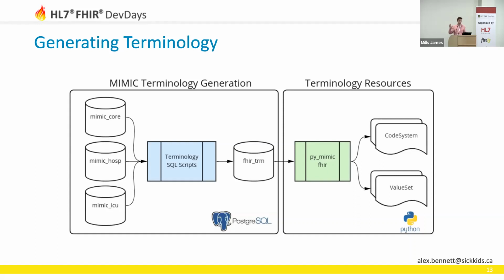We created a support Python package, PyMimicFire, that would output these terminology systems, because it's really just converting a CSV into code systems. So capturing 20 odd code systems and pumping them out to the other side where we've got the terminology.